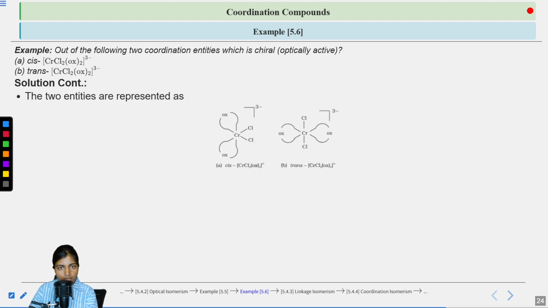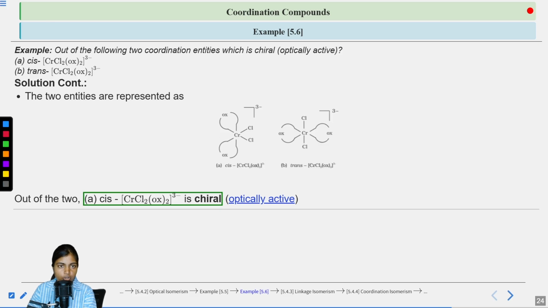No plane of symmetry or center of inversion is present in the cis isomer, and a plane of symmetry and center of inversion are shown by the trans isomer. So out of the two, the cis-[Cr(Cl)2(ox)2]3-, is going to be the chiral or optically active one.